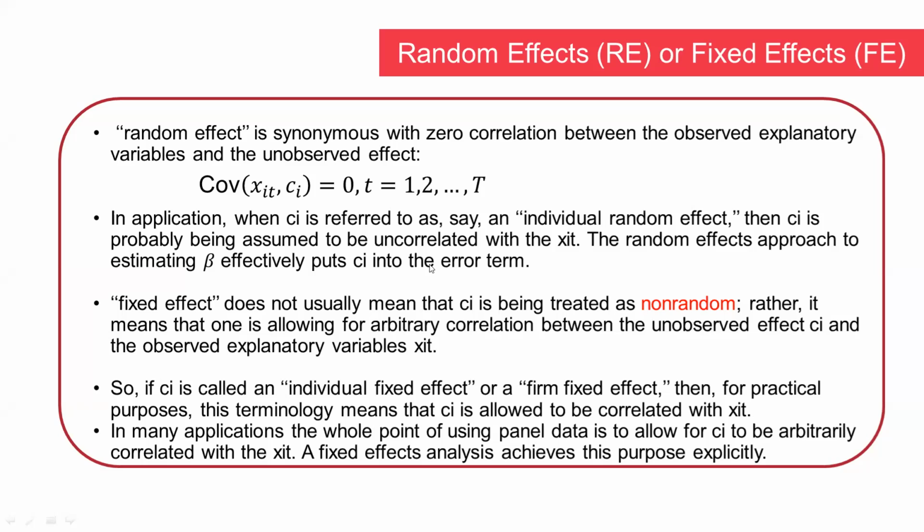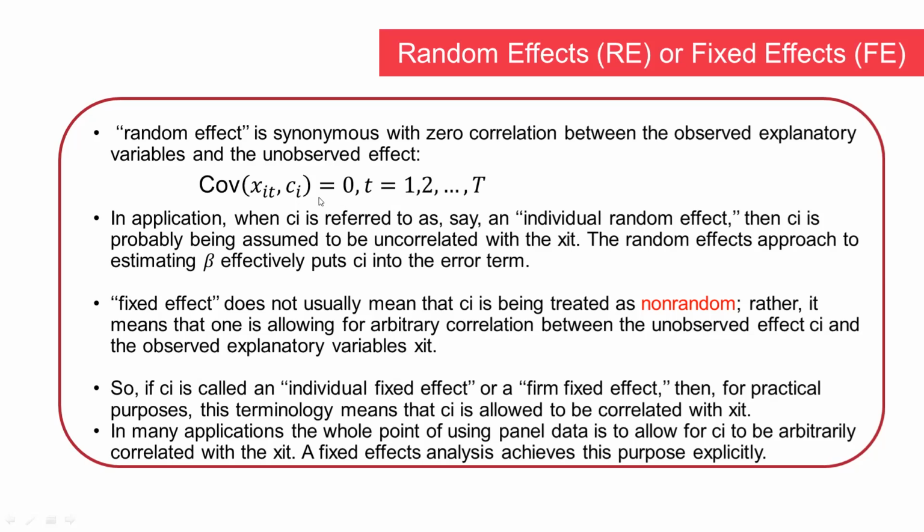So then there is no relationship between the unobserved effect and the observed explanatory variable. Then we can treat CI as individual random effect, and we can use the random effect approach to estimate the beta value of this model as well.